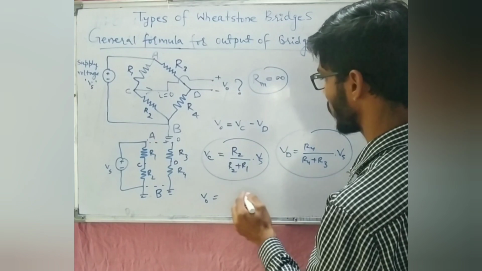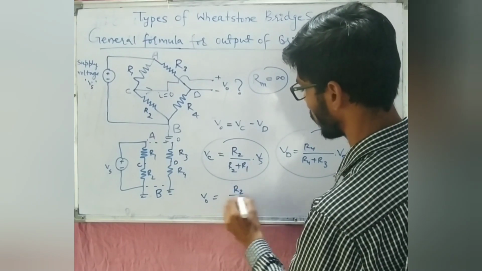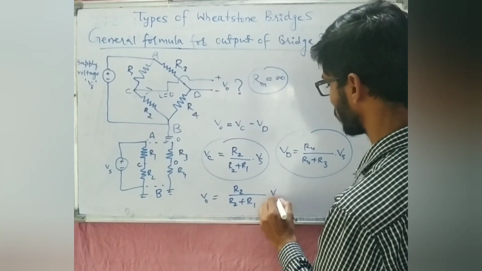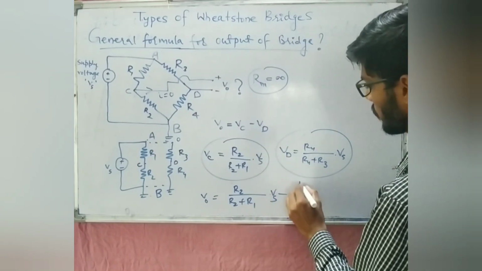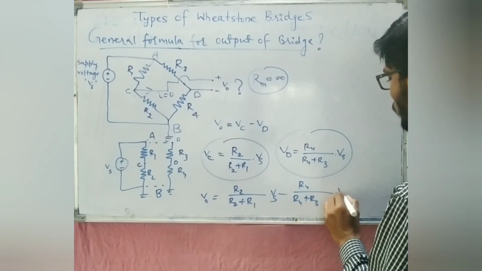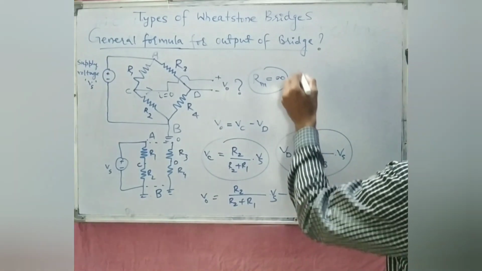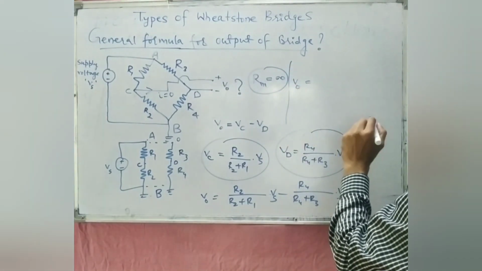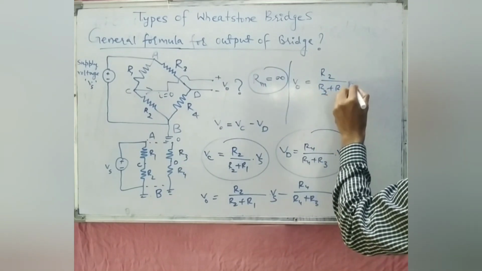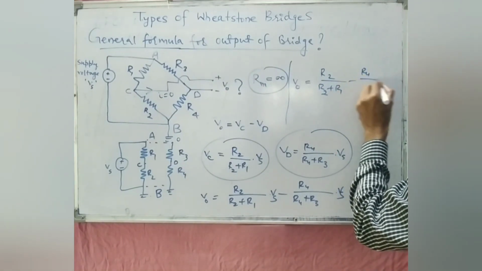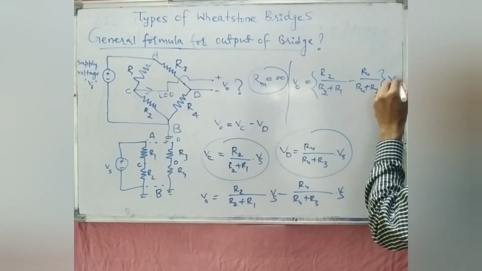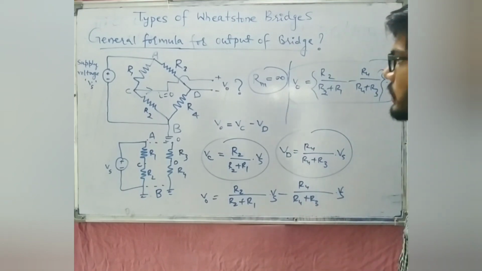V0 is equal to Vc minus Vd. Vc is R2 divided by R2 plus R1 into Vs, minus Vd, which is R4 divided by R4 plus R3 into Vs. So take Vs common. The output expression will be R2 divided by R2 plus R1 minus R4 divided by R4 plus R3, into Vs. So this is the general formula.